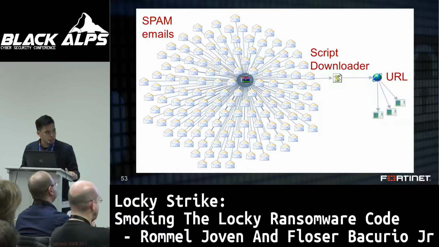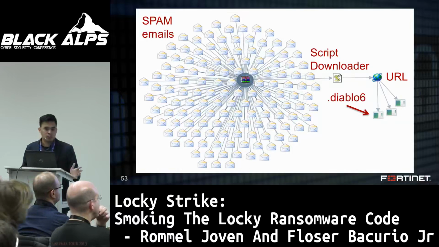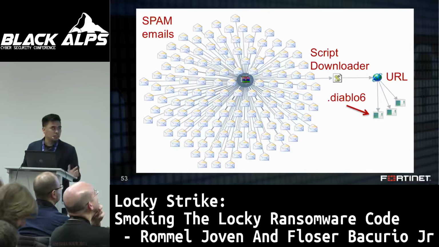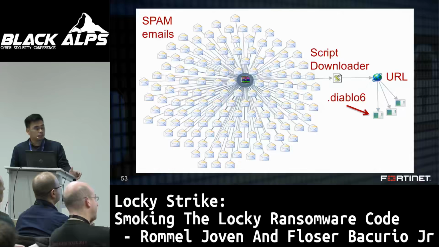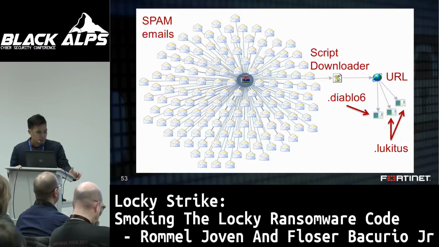At first it downloaded the .jablo6 variant of Locky, and then after a few days, it downloaded .loquitus. So what we can say is that the spam botnet that is behind Locky reuses these malicious URLs, and it always updates it.